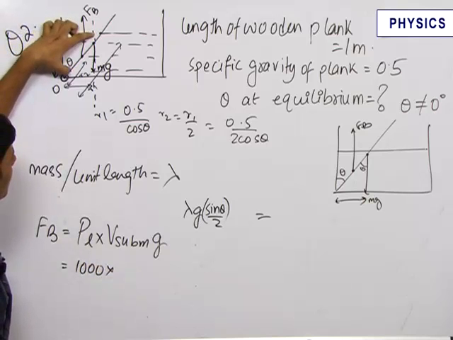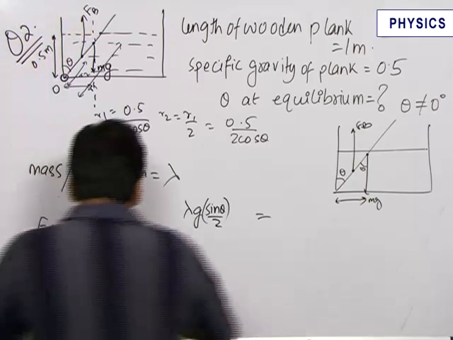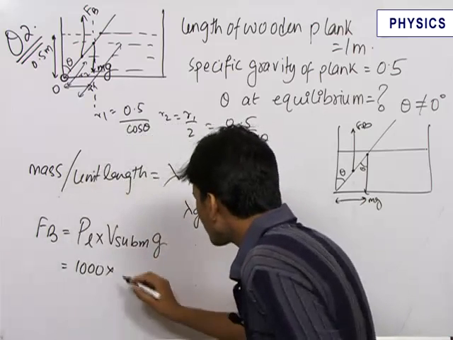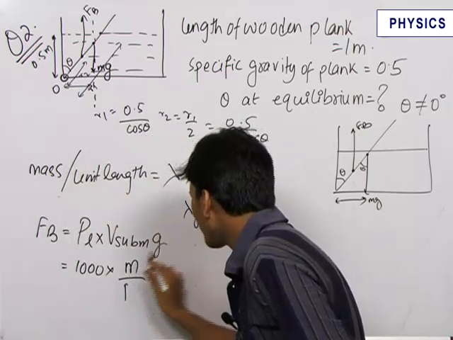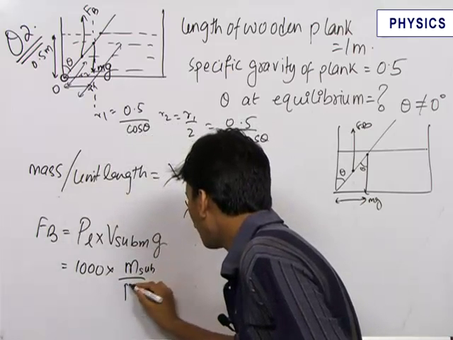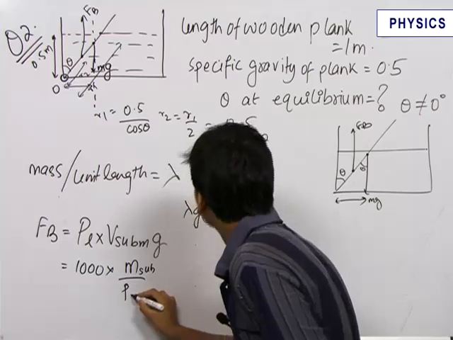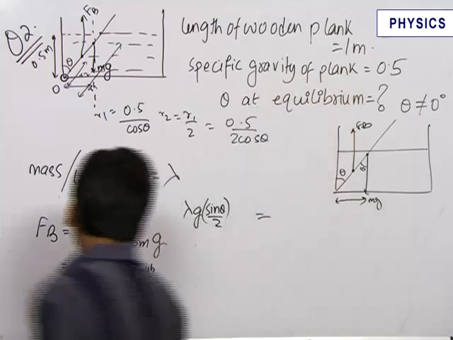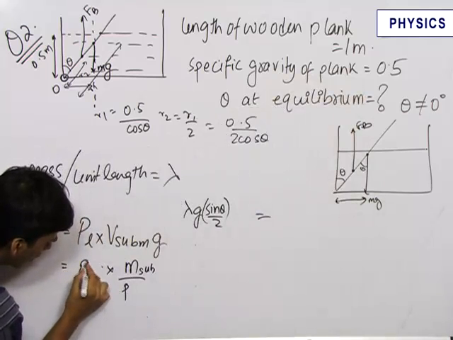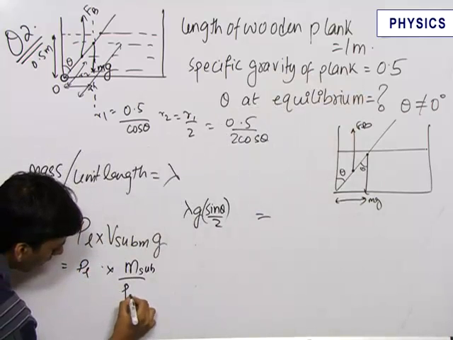The volume submerged can be written as mass submerged upon density of the plank, since the specific gravity of the plank is given.